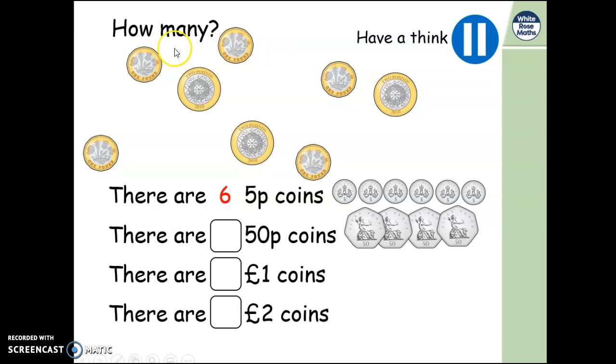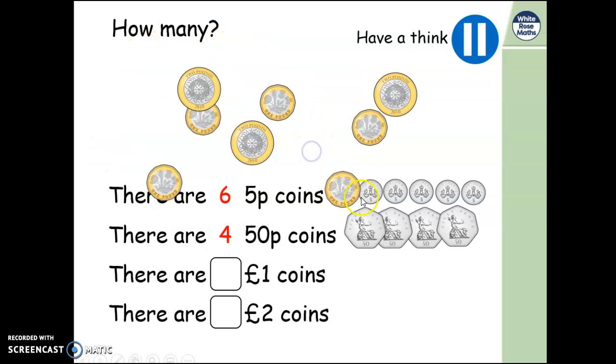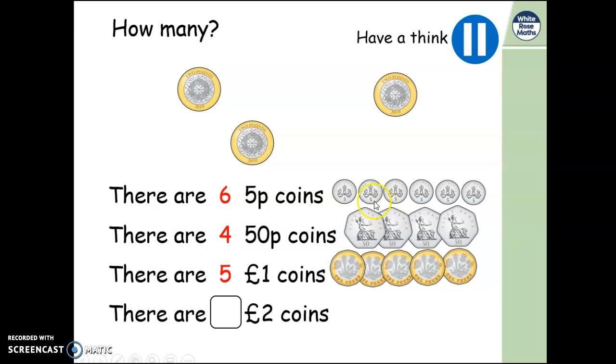Look at the £1, and remember the £1 obviously have it on them. It's gold and silver and it's a funny shape. It's different to the £2. So we've got 1, 2, 3, 4, 5. And then we have 3 £2 coins left.